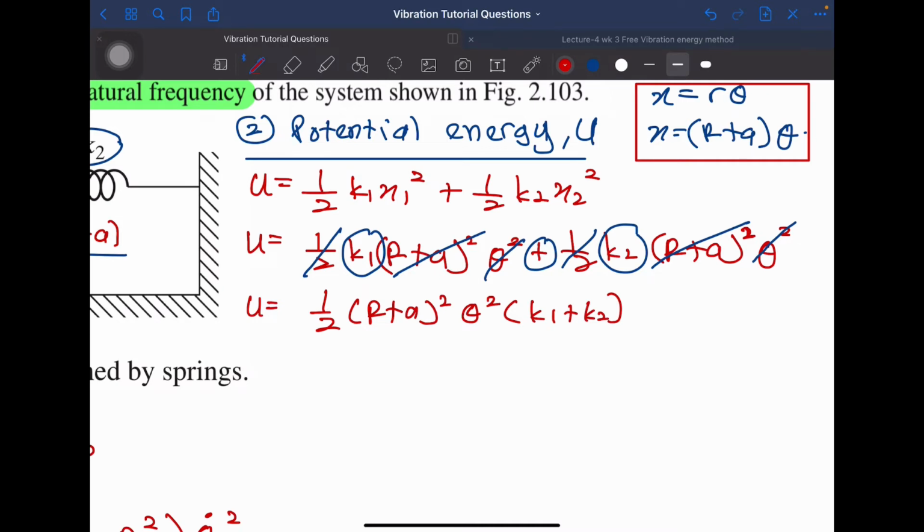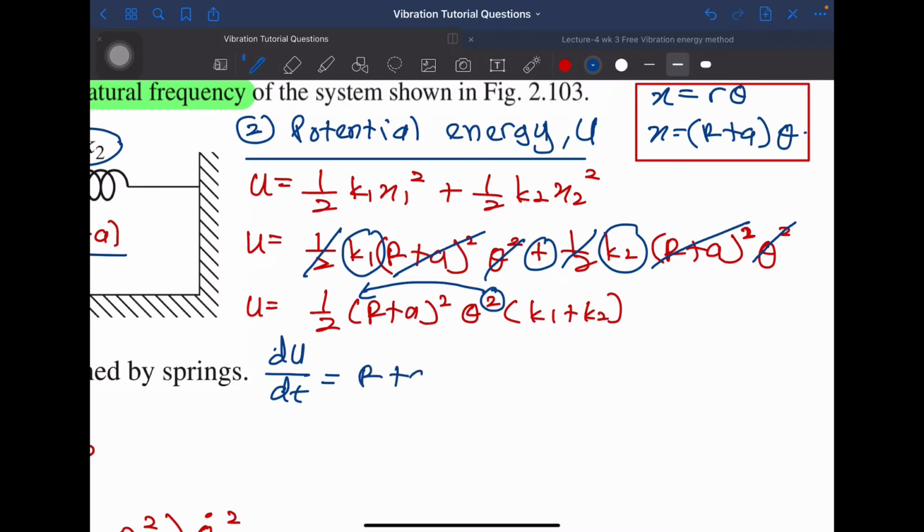Now I'm going to differentiate following the energy method. Differentiate U with respect to t. So I'm going to differentiate the theta. The square, bring it to the front. If we differentiate theta, the power for theta multiplies to the front, so half times 2 equals 1.